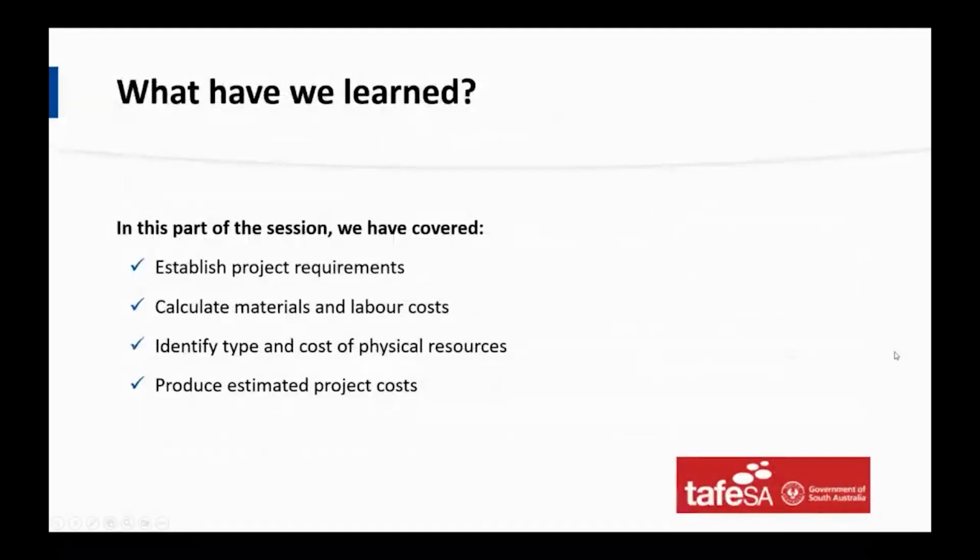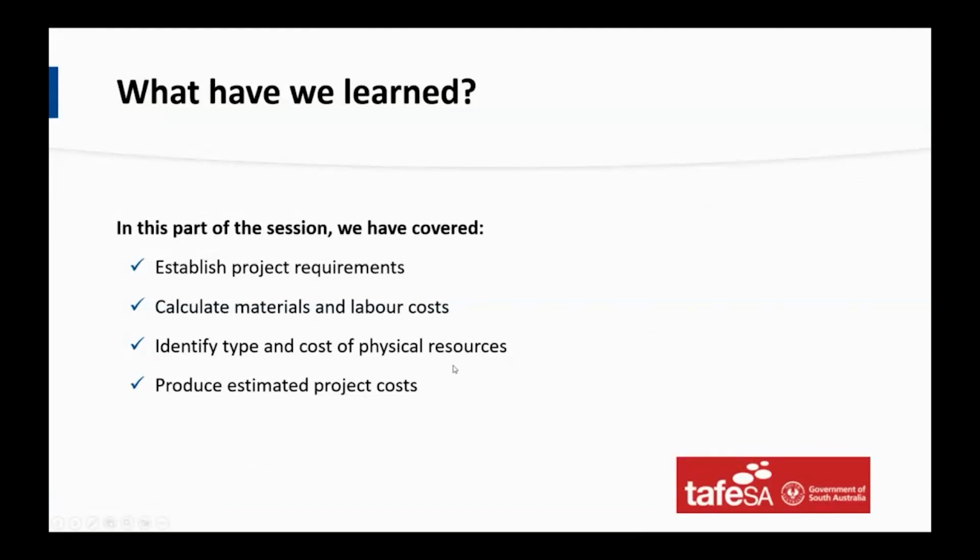And there it is. So these are the four theoretical steps that we put together. These are the theoretical things that we need to know. What are the project requirements? What are the materials and labour costs in that project? And then we identify the type and cost of any physical resources.